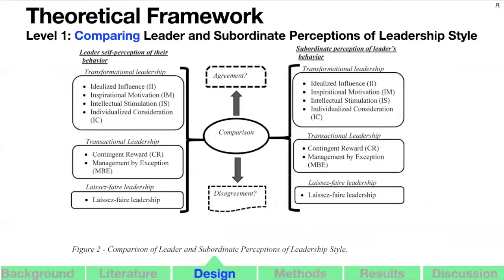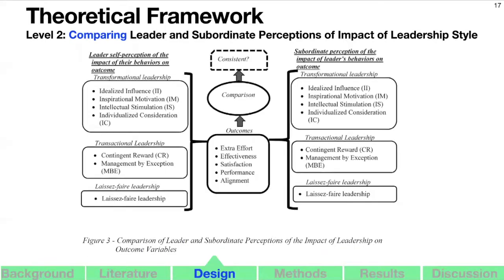So the theoretical framework of my research was designed in four different levels, which are the four different hypotheses that I just mentioned. The first one compares the leader and subordinate perceptions of leadership style and finds out if there is some agreement or disagreement between the two.